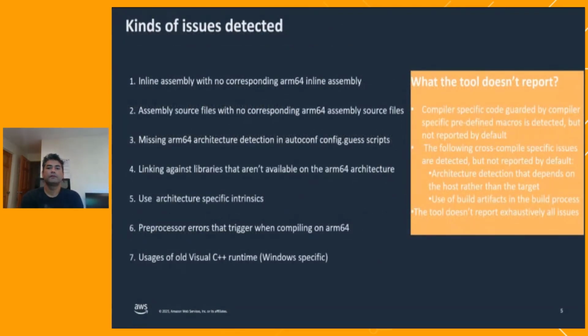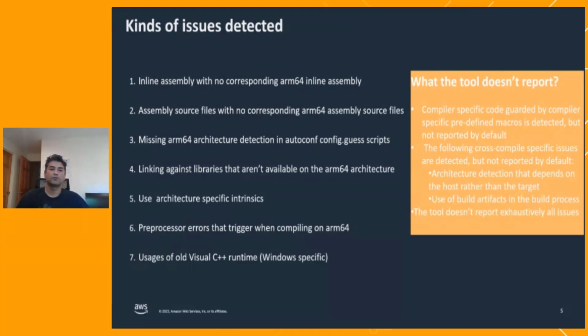So what kind of issues are detected by the tool? Firstly, the tool will scan your source code files. And if you notice, a lot of the issues that I'm talking about here will be actually specific to C and C++.